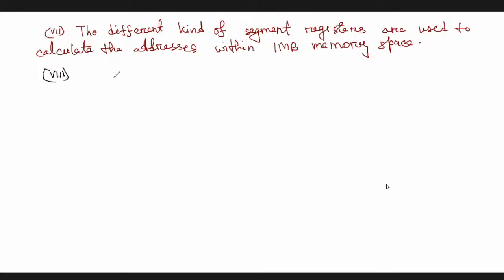That's why you need 2 registers to store a single address. That's why the segment register and the offset register, IP, together keep the address. 2 16-bit registers are used to calculate a 20-bit physical address within 1 megabyte of memory space.